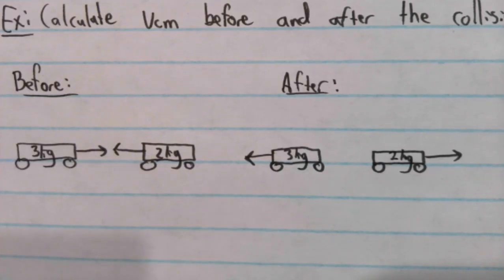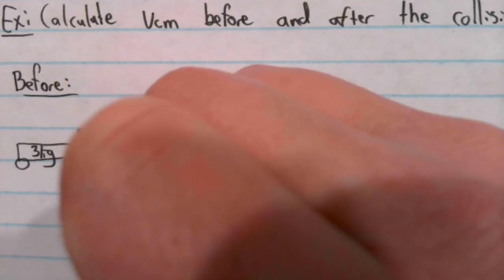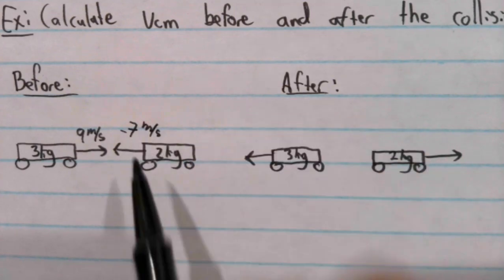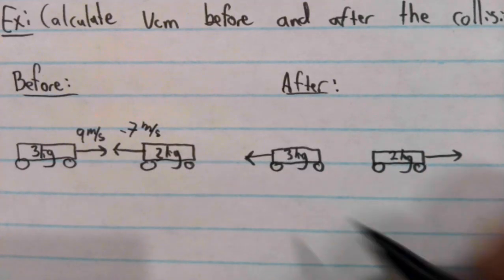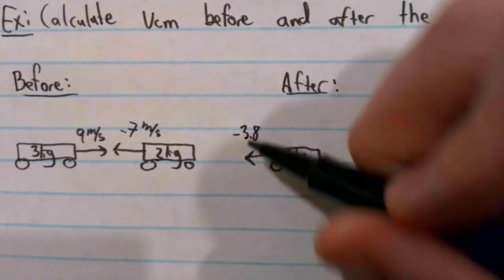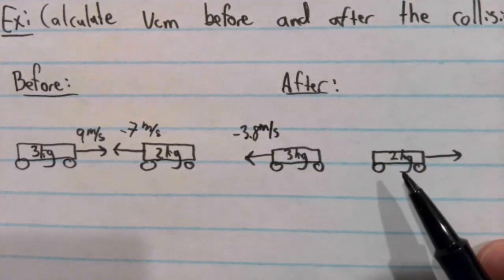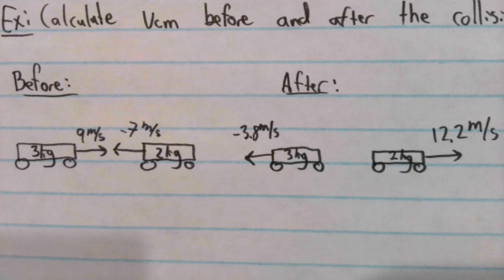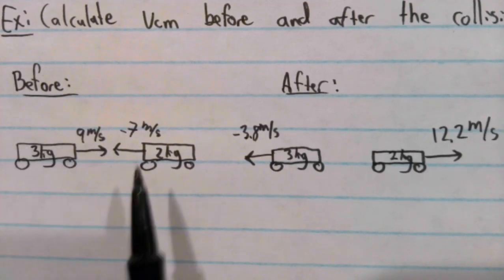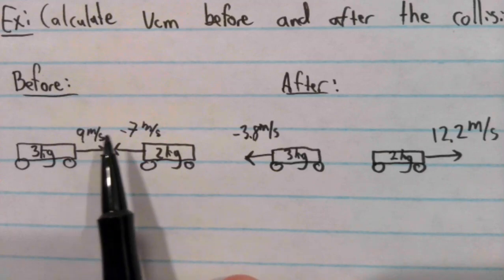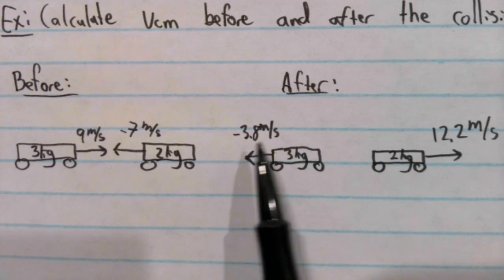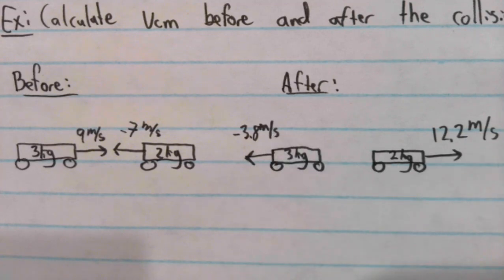Their velocities are 9, -7, and continuing on, negative 3.8, and positive 12.2. So I'll read those. I've written quite small. Before the collision, it's 9 meters per second and negative 7 meters per second. After the collision, it's negative 3.8 meters per second and positive 12.2 meters per second.